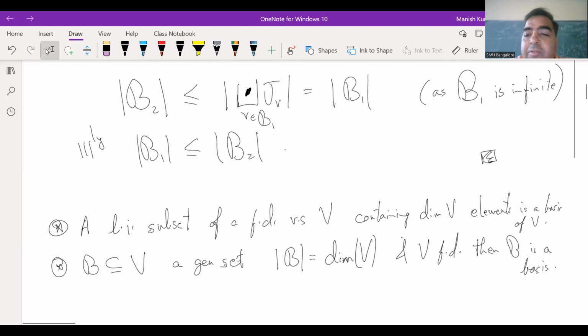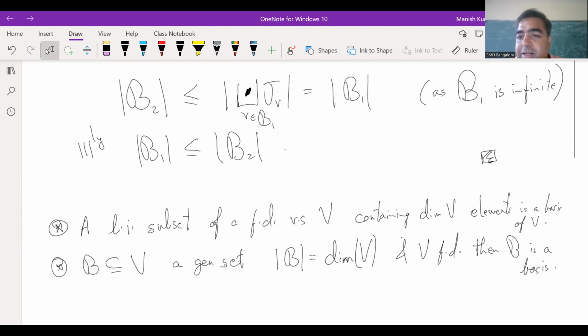Similarly, if you have a generating set which has the same number of elements as the dimension of V, then it is automatically a basis. So to cook up a basis of a vector space, if you know the vector space has some dimension, for instance your vector space over the field K is K^n, then as long as you find n linearly independent vectors, you are good.